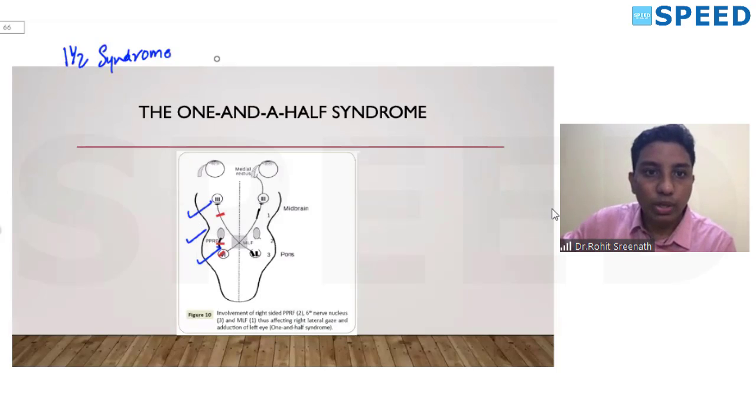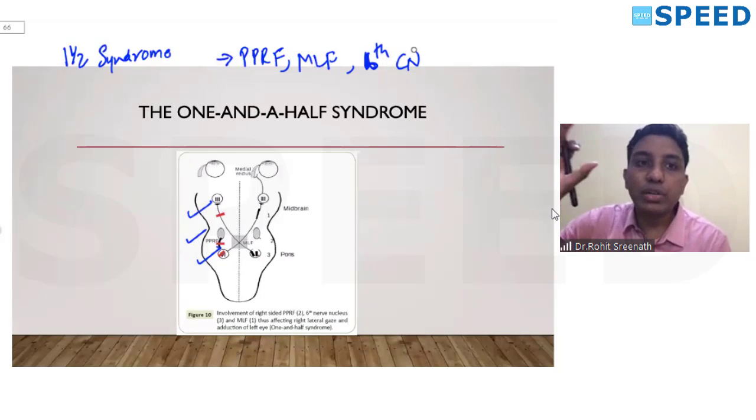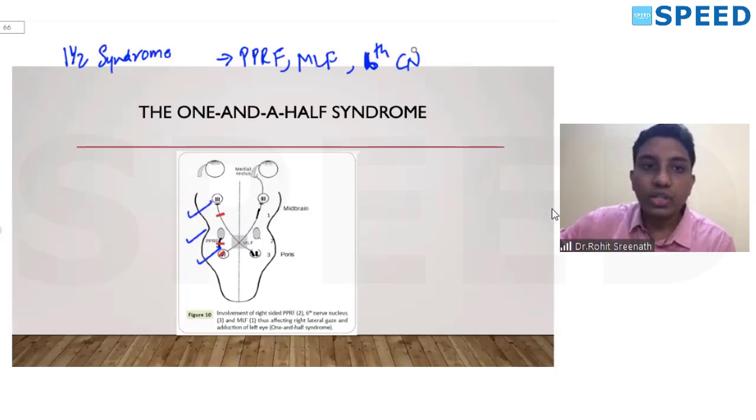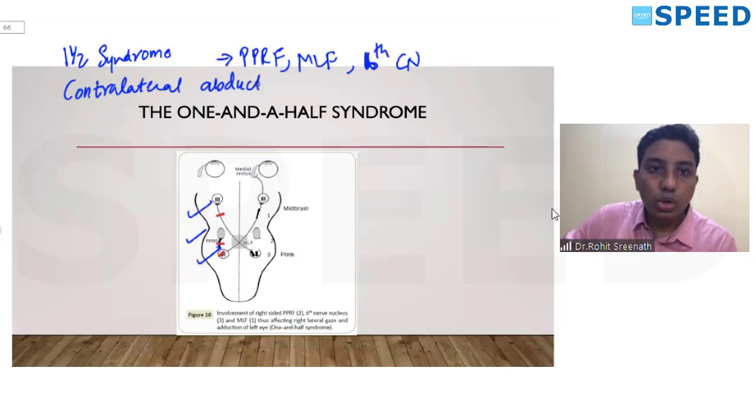So what is the only movement a patient with 1.5 syndrome will have? The only movement in a patient with 1.5 syndrome is a contralateral abduction. So contralateral abduction is the only movement the patient will have.